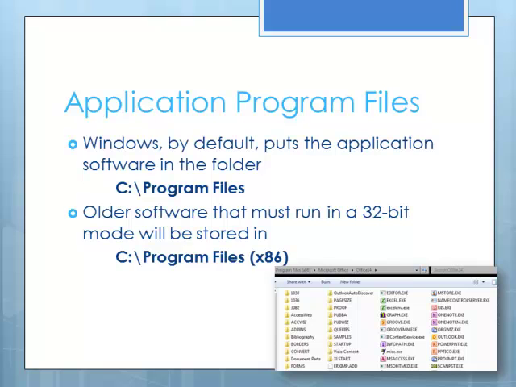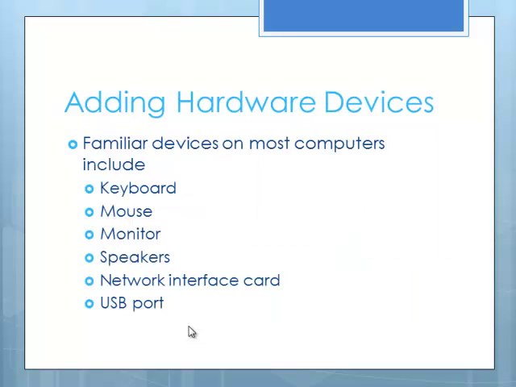Now, if you're running on an older machine, or you're running 32-bit software that was written for a 32-bit processor, it will get stored in a different folder called C:\program files with x86 in parentheses. Here's a very short snapshot of some of that. I actually have a 32-bit version of Windows on this computer. I should say of Office.